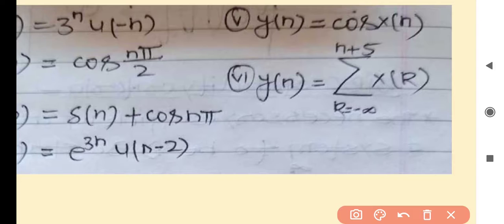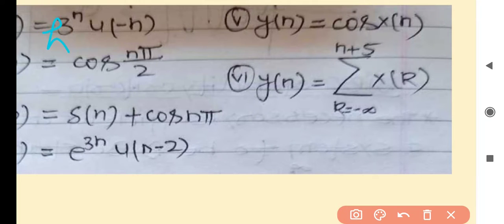Next and last from this slide is y[n] equal to the summation from minus infinite to n plus 5 of x[k]. Here also the input is x[k] and the output is y[n]. Then we have to replace x[k] by delta[k], and then y[n] will become h[n].